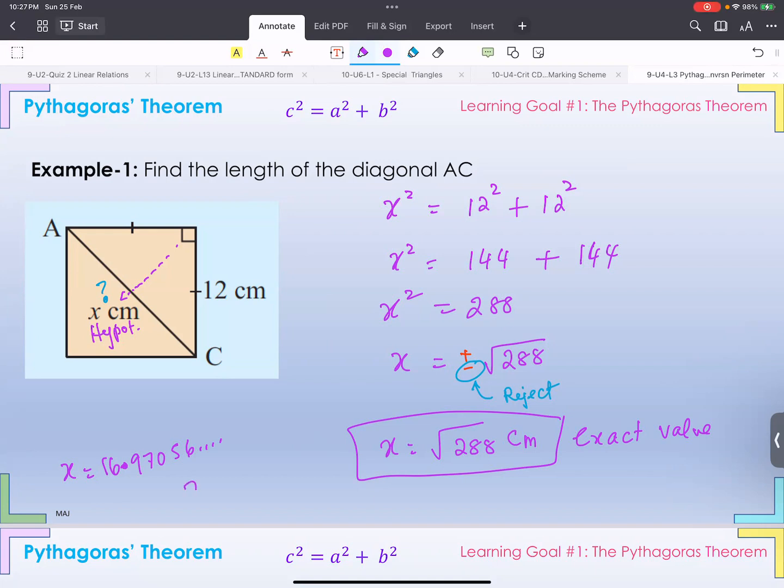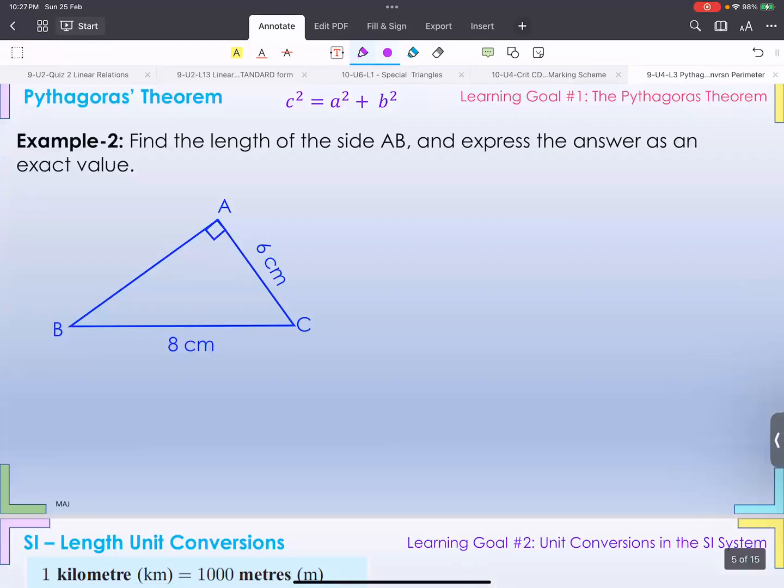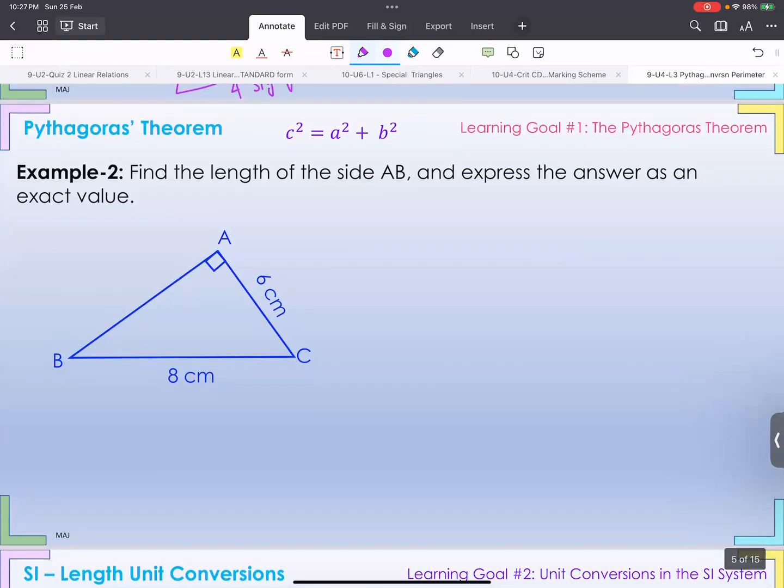For instance, I could write X is equal to 16.97. That's 4 significant figures. It's still a rounded value. If you wanted to write an exact value, it would be square root of 288. Feel free to pause the video and try this out.